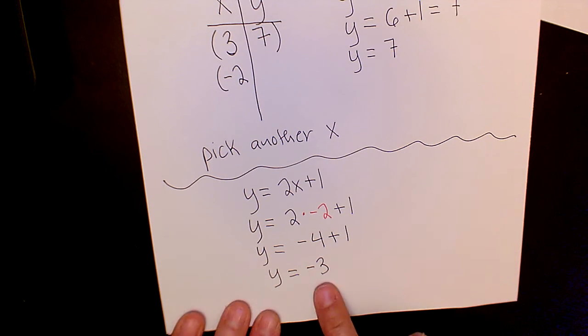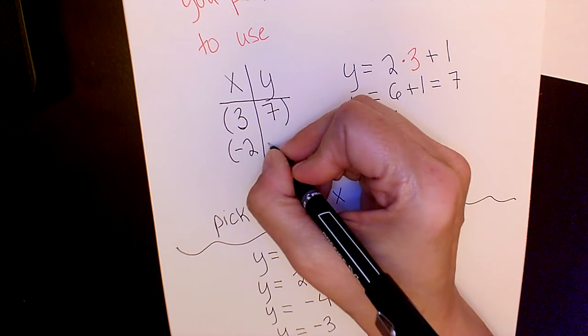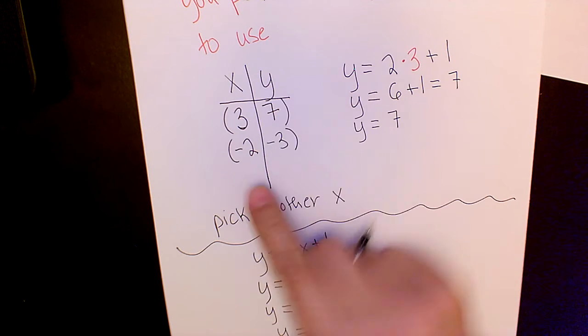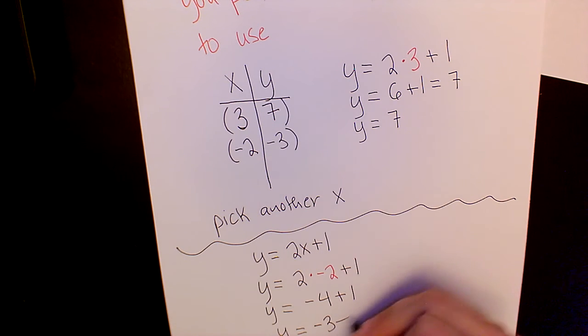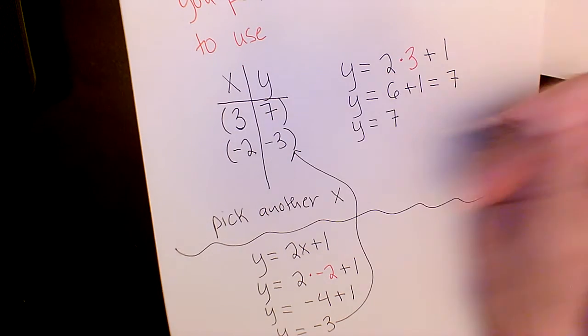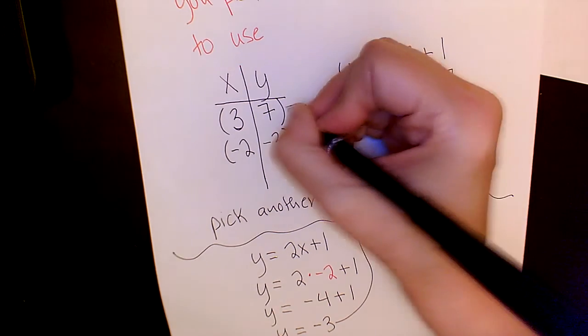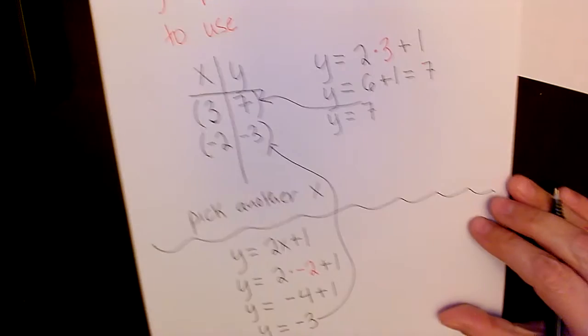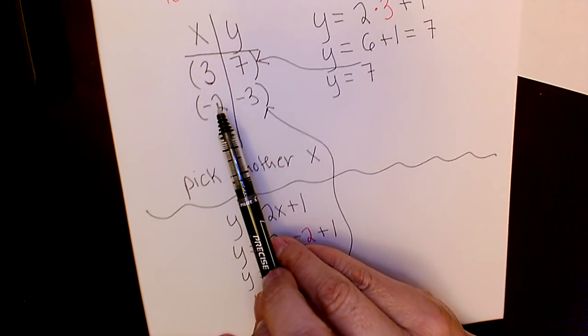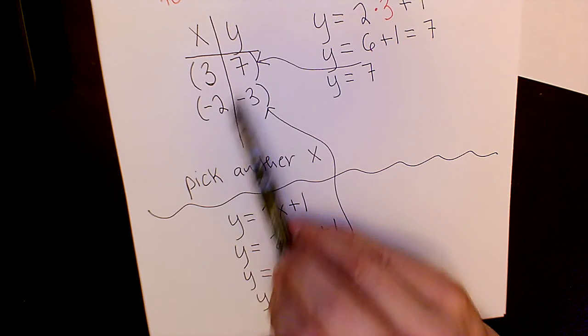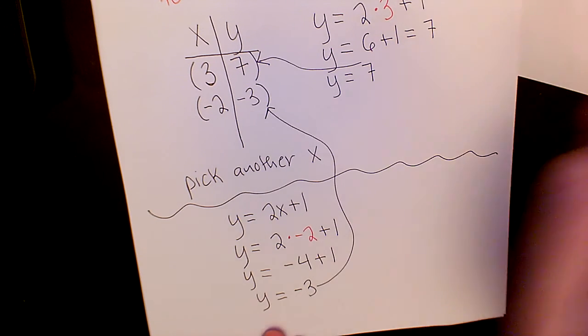So I know that if x is -2, I just found y to be -3. So here are my 2 points, 3, 7, and -2, -3.